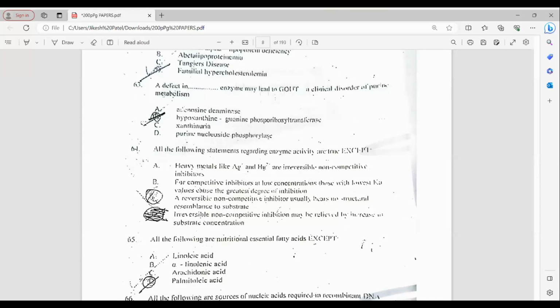I also think it's D, because if it's irreversible, increasing the concentration of the substrate will not affect it.